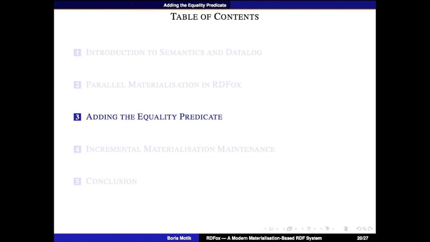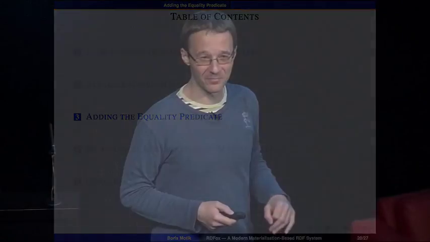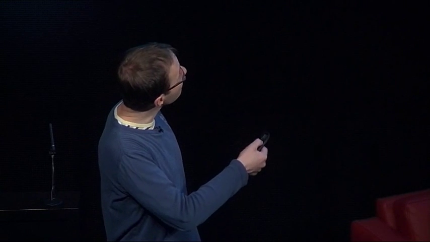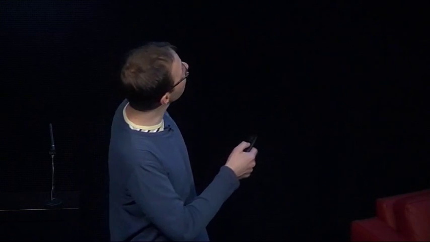Now, because we had quite a bit of discussion, I'm going to have to skip some of this presentation. Just very briefly, in RDF, you can say that two resources are equal. For example, you can say US and USA are the same thing. These kinds of things are quite hard. You can still encode them using rules, but this encoding essentially copies.